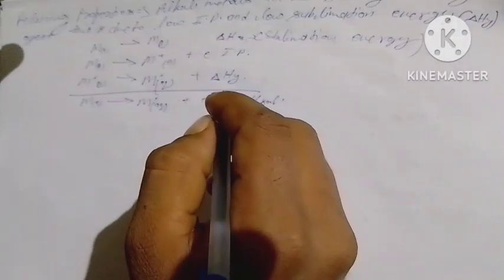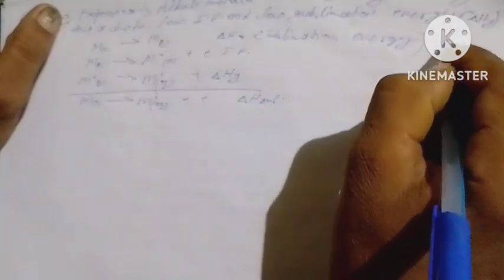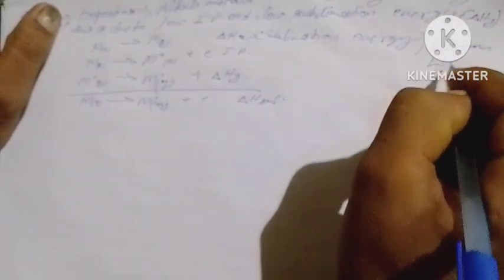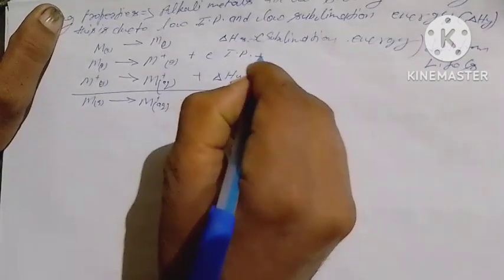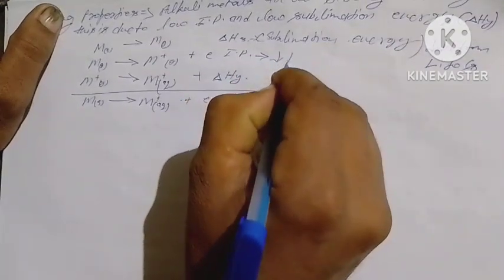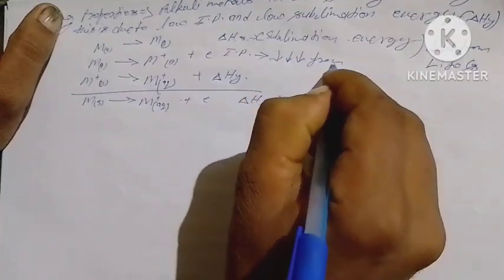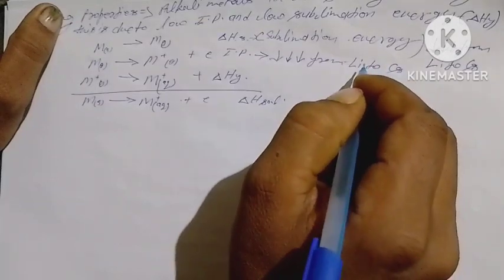Sublimation energy decreases from lithium to cesium. Ionization potential decreases from lithium to cesium.